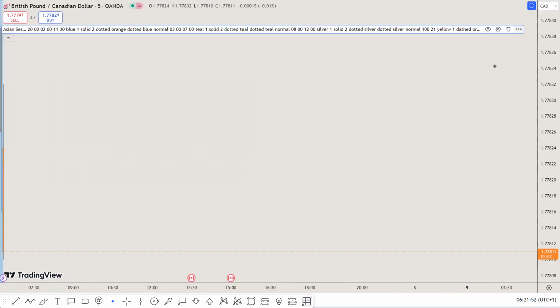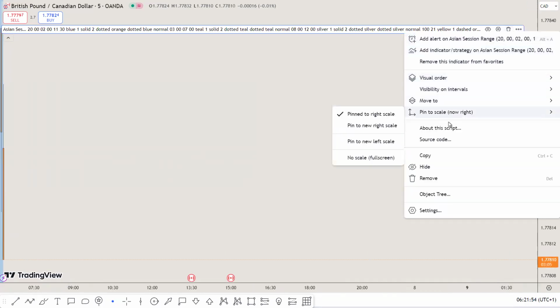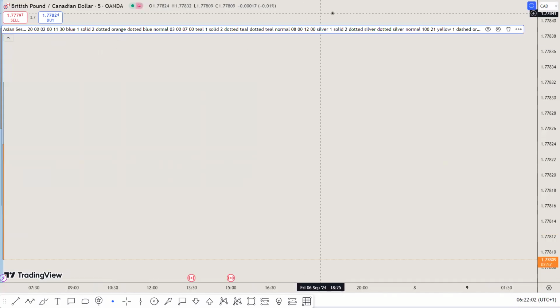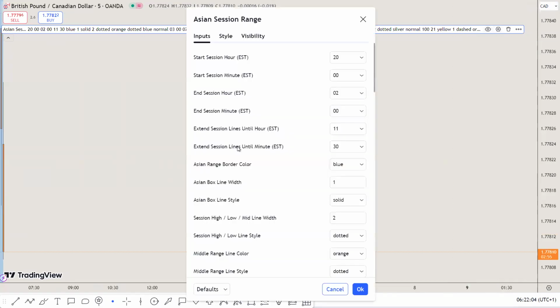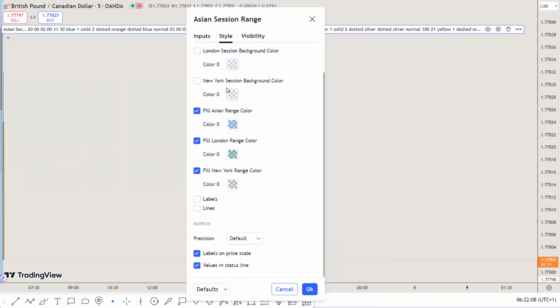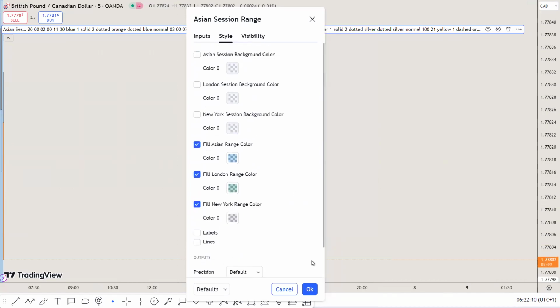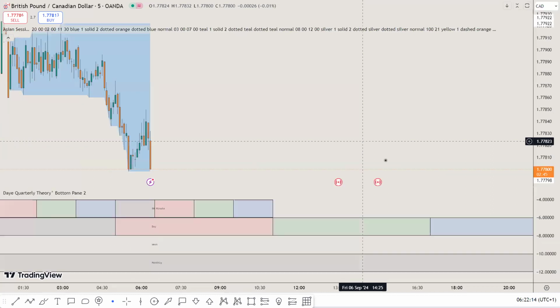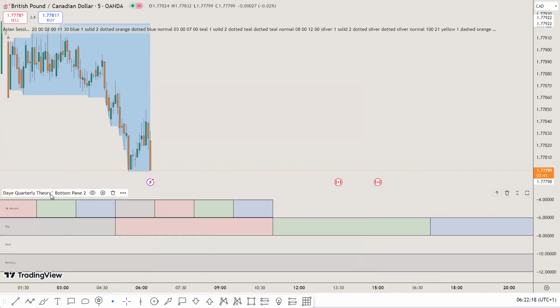Let's see. Asian range by, I think, FXN Asian range session. And then my settings are, so these are just my settings. I kept it simple. And then the last one down here, quarterly theory.